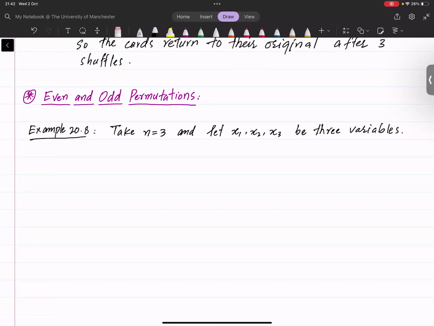we can take permutations in S3 and apply them on these variables.